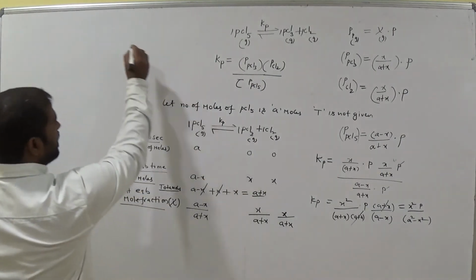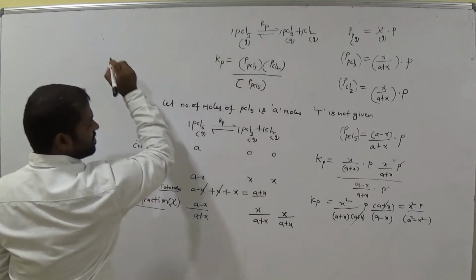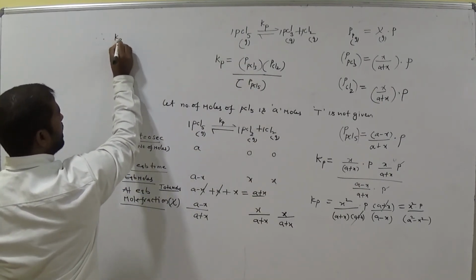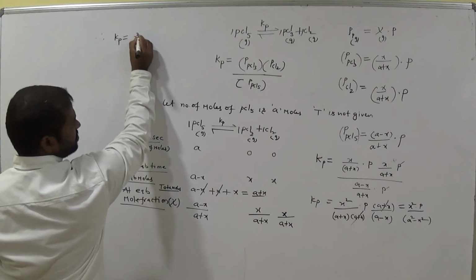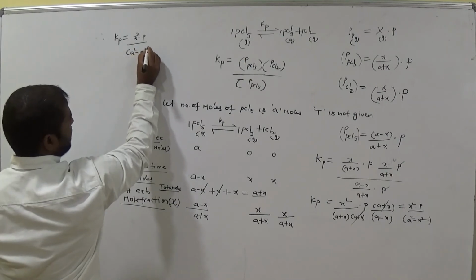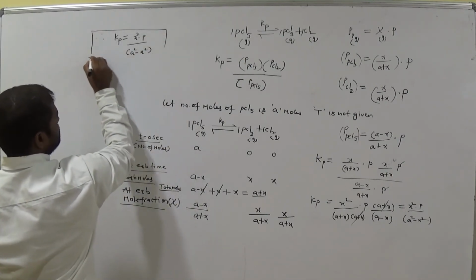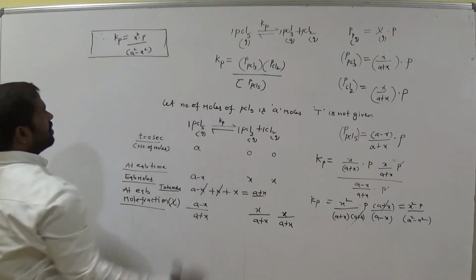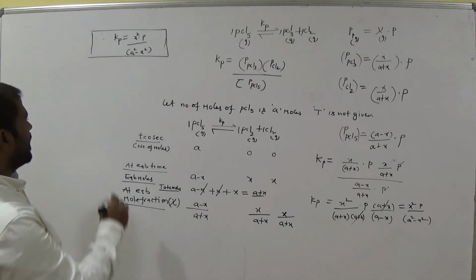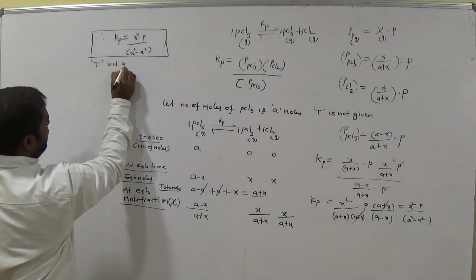Therefore the final equation for Kp for the given equilibrium, when temperature is not given, is Kp equals x square into P by A square minus x square. This is the expression when temperature T is not given.